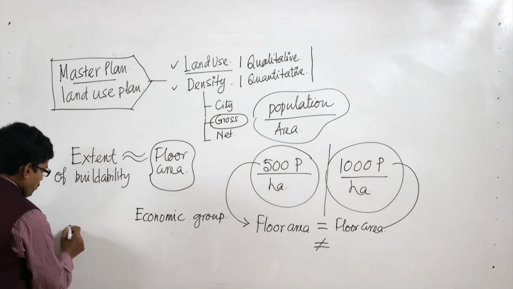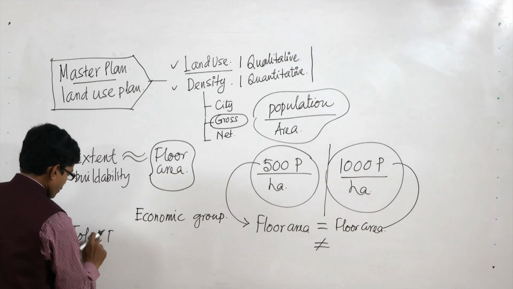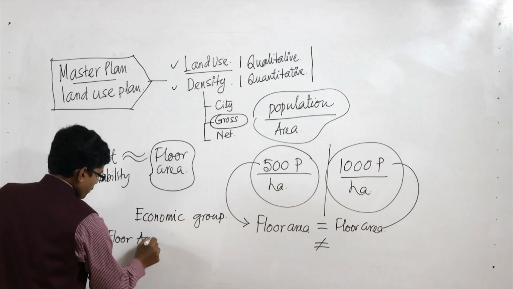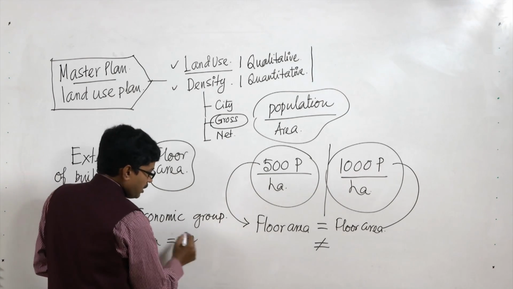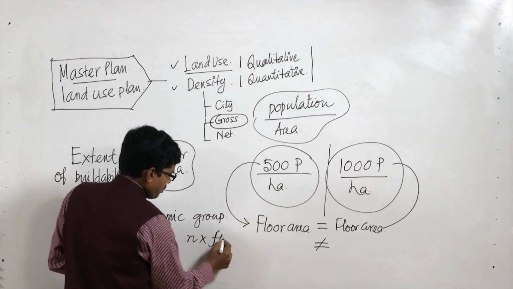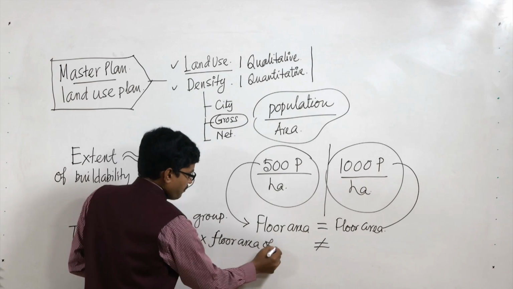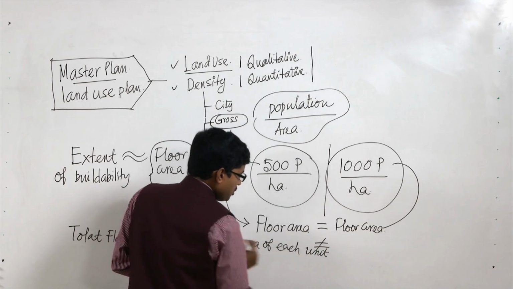Now we know that total floor area is equal to the number of units into floor area of each unit.